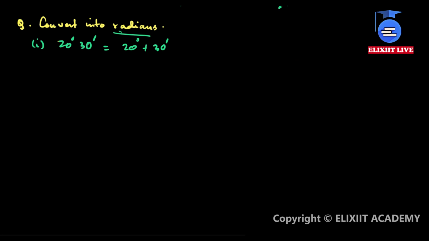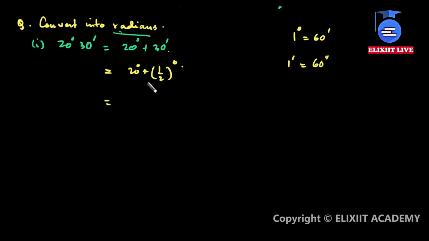I'll write down the relations here, otherwise you will get confused: 1 degree is 60 minutes and 1 minute is 60 seconds. So 30 minutes in terms of degrees, divide by 2 both sides, is half a degree. So 20 plus half degree.